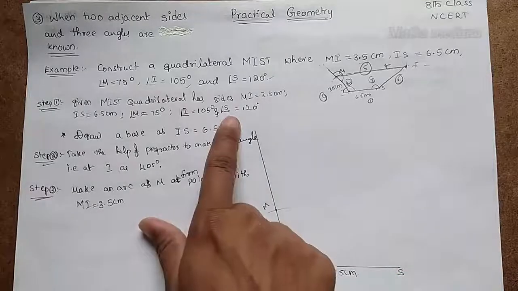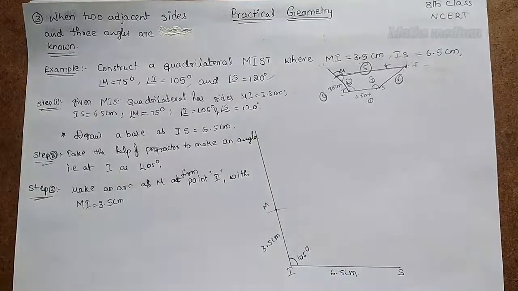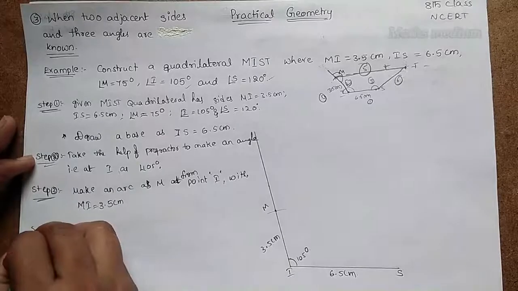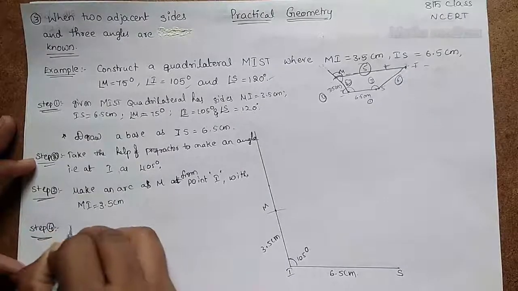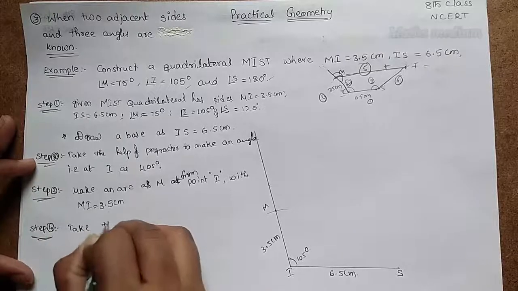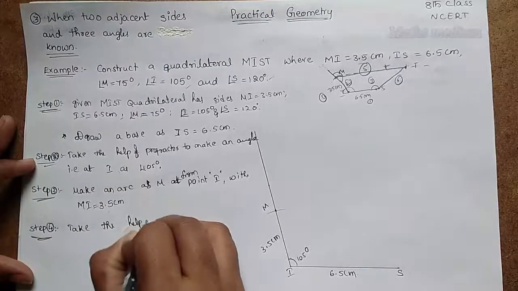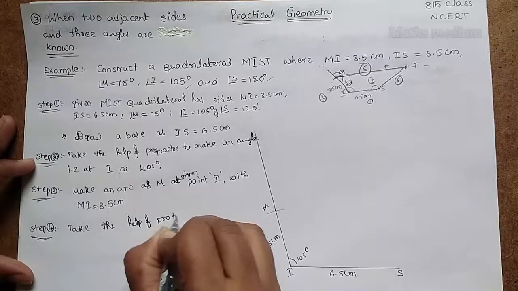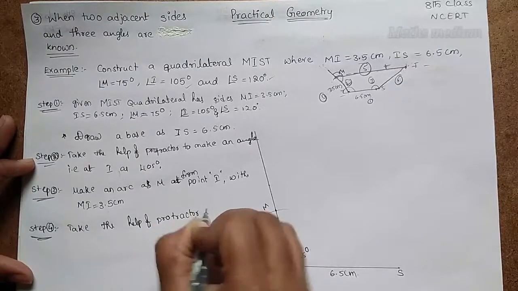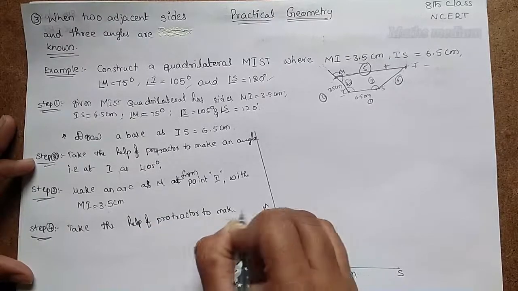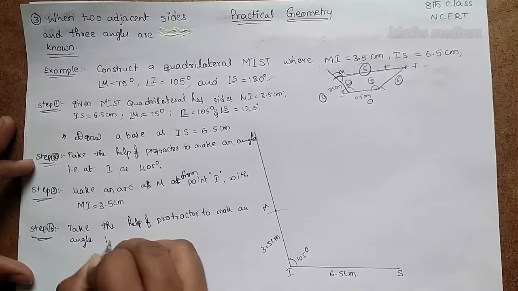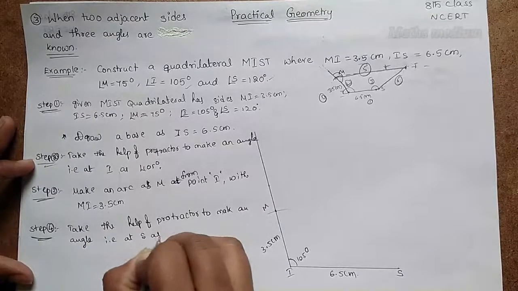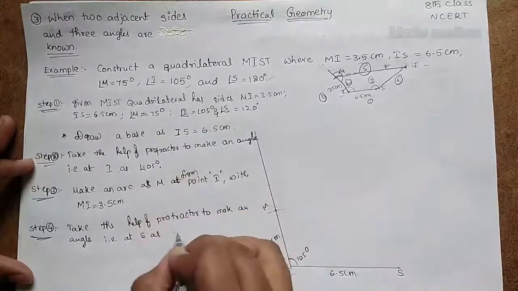Here we have angle S, 120 degrees. So step 4, take the help of a protractor to make an angle at S, angle S having 120 degrees.